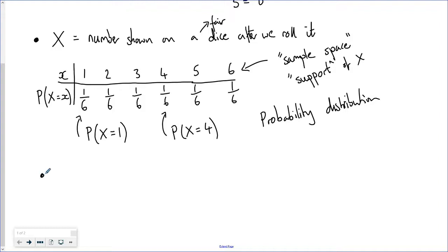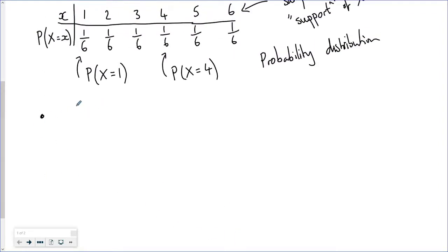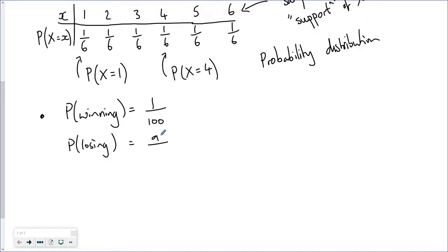Let's look at one more random variable, perhaps a slightly different one. Let's say we're playing a lottery and the probability of winning the lottery is 1 in 100. And let's say the probability of losing the lottery is therefore 99 100ths.